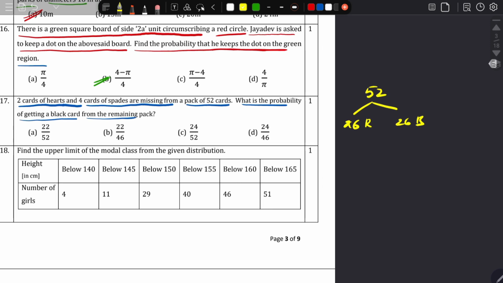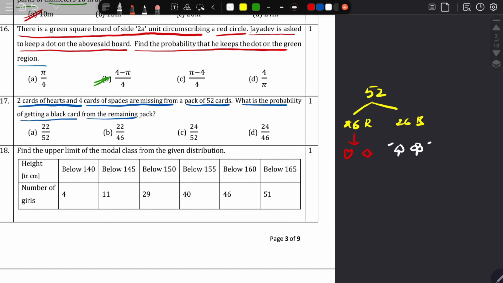According to these categories, in red there are two categories. One is hearts and one more is diamonds. In black color we have clubs and spades.